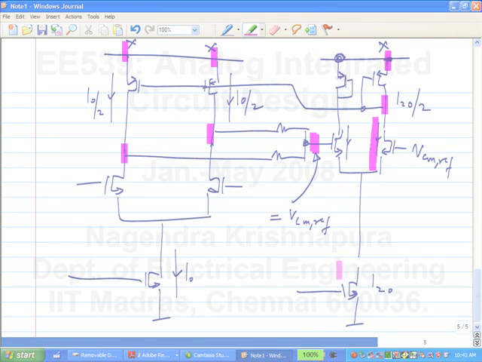Exactly, it won't match because of the drain voltage error of this. Yeah, that's correct.